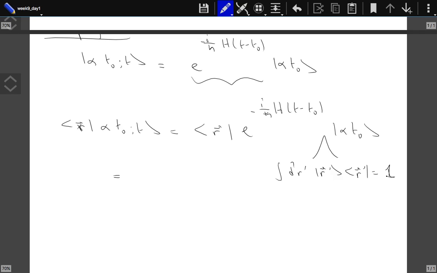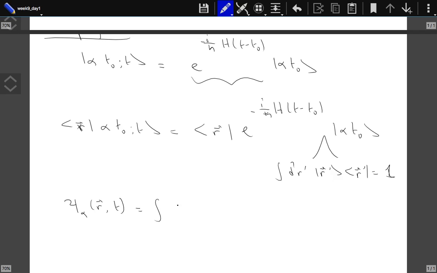The position operator is a Hermitian operator, so its eigenkets form a complete set, which basically means that we can write the identity operator as a sum over all the possible position kets in this form. And hence, the left-hand side is nothing but our wave function of this state alpha at its value at the position r at the time t.